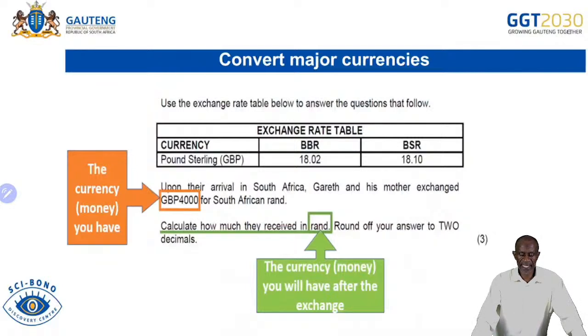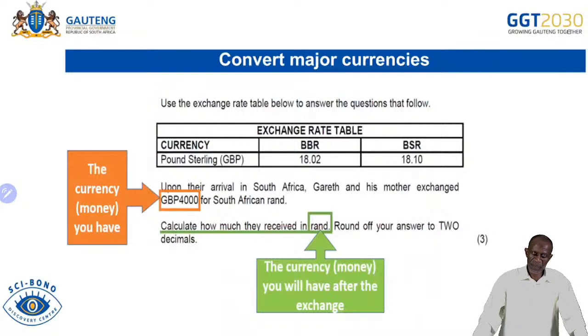Convert major currencies. The instruction says, use the exchange rate table below to answer the questions that follow. This is just an example of a question where we will apply all that we have discussed on the rate sheet table.